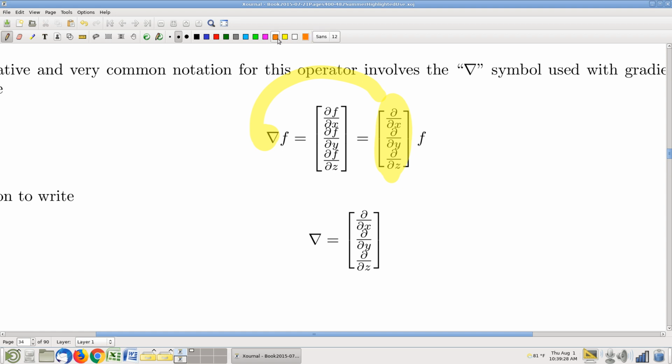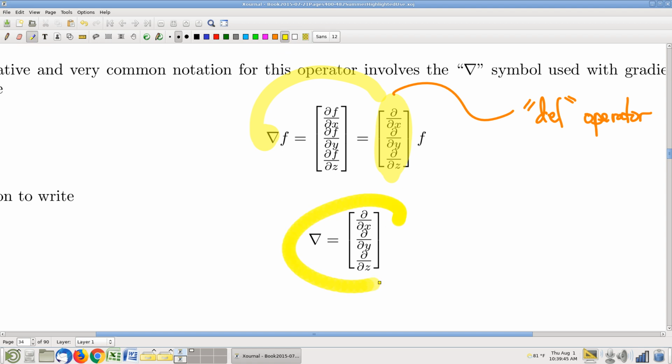This is called the del operator. So if you want to talk about the gradient, you might say del f. By the way, I rewrote it down here. So del f is another way of saying gradient of f.